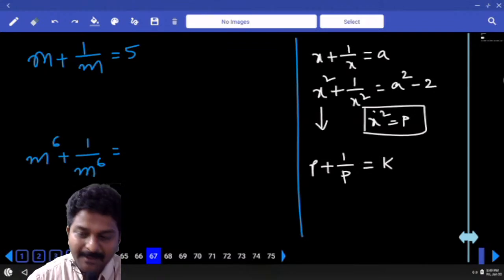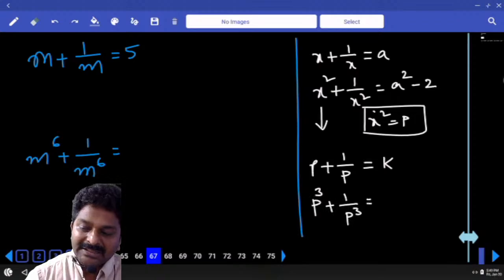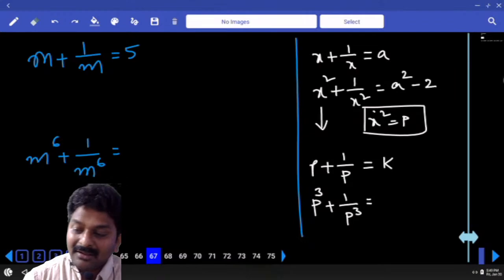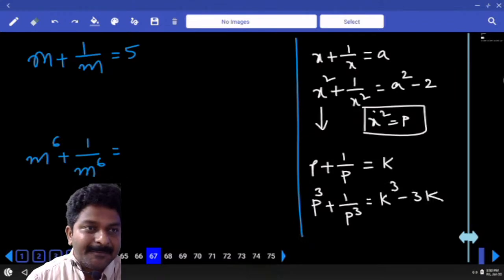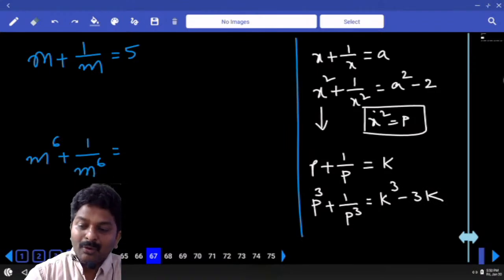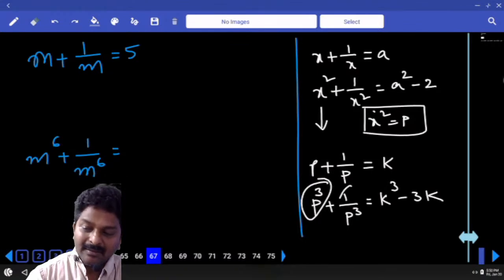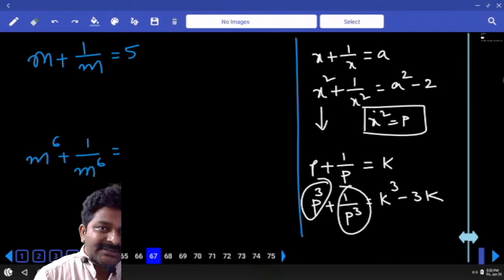Then p cube plus 1 by p cube is k cube minus 3k. Correct? What is the p cube value? x power 6 plus 1 by x power 6.